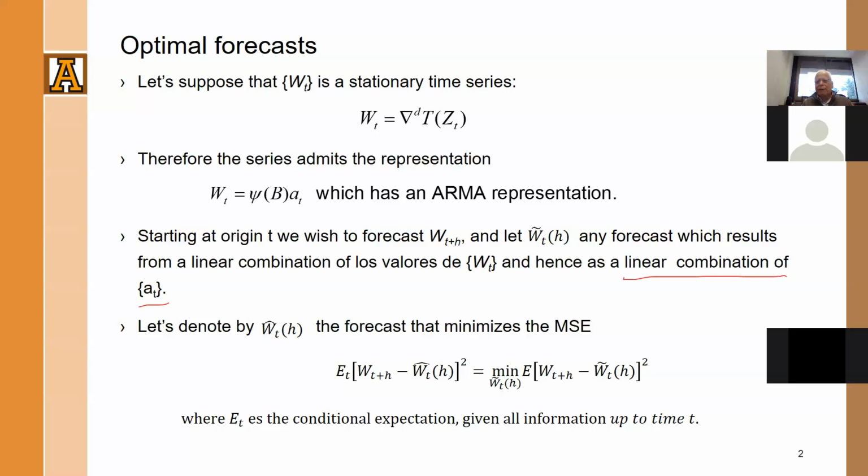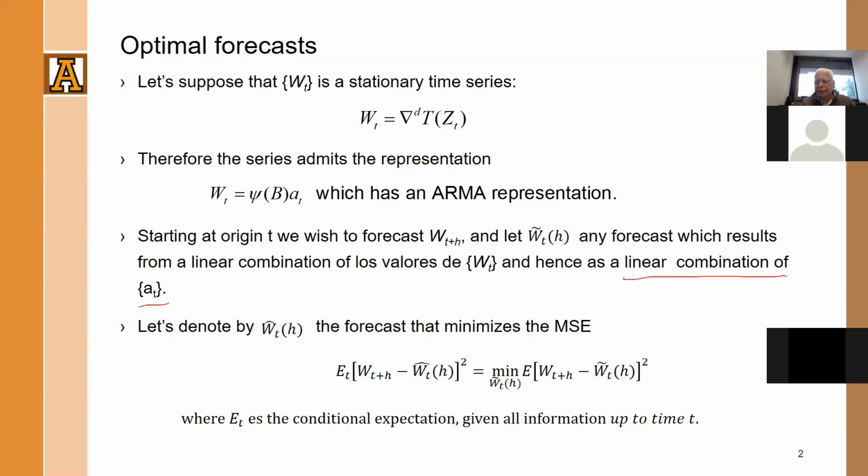So given that we have information up to time t, W hat t of h will be the linear combination of the ATs or the WTs in the past that minimizes the conditional expectation of the squared error.